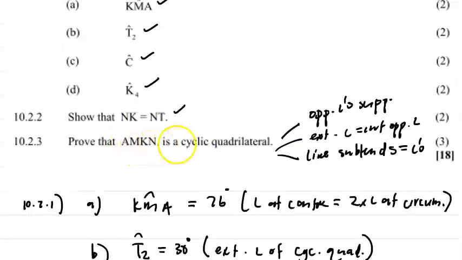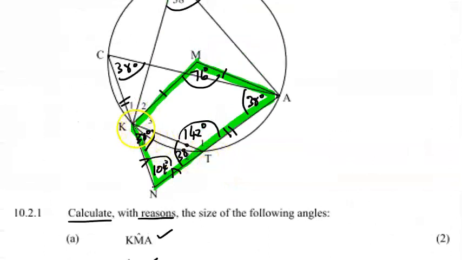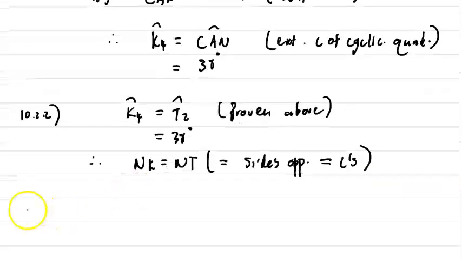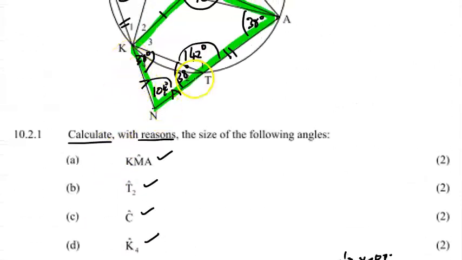Proof: AMKN is a cyclic quadrilateral. We said we must use one of these ways to prove a cyclic quadrilateral. That's basically proving properties of a cyclic quadrilateral. And we said that we're going to find KNT first, which is 104 degrees. Let's go and write that down, 10.2.3. So we're going to solve here for KNT.